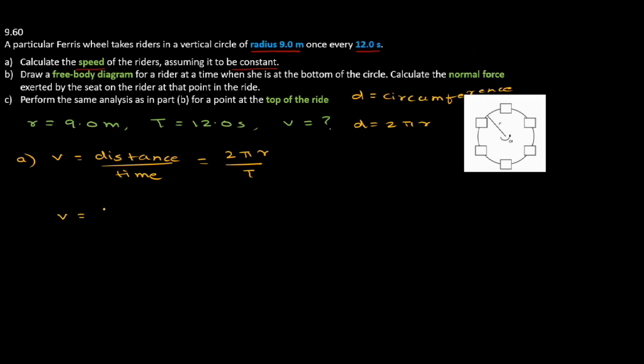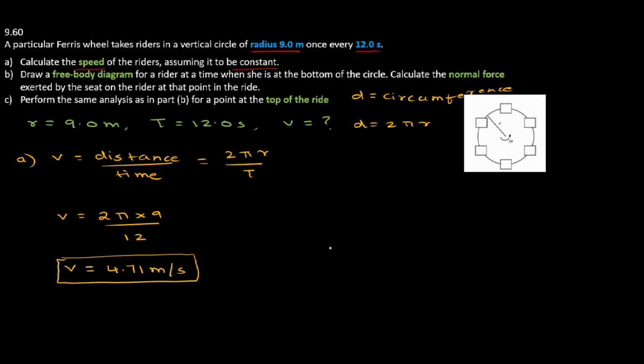It will become equal to 2 pi times the radius 9 divided by the time T, 12. So when I solve this, I get the constant speed v to be equal to 4.71 meters per second. So this is the constant speed with which the rider moves when the Ferris wheel is of radius 9 meters and takes 12 seconds to complete one revolution.